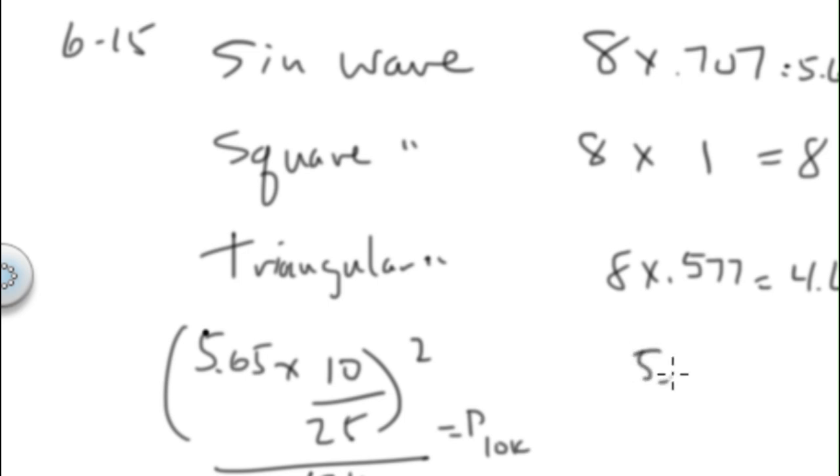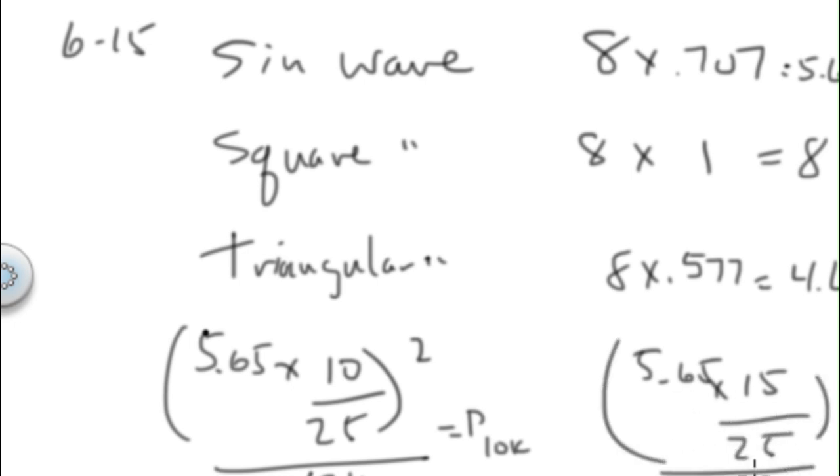The 5.65 times 15 over 25, that squared over 15K will give me my power over the 15K for the sine wave. So this is the formula, and I'm going to let you do the rest of them. But basically, it's 5.65, 8, and 4.616, and then you find your power based on those variables. So that will give you the answers for that last question, 615, and you're all set. Take care. Have a good day.